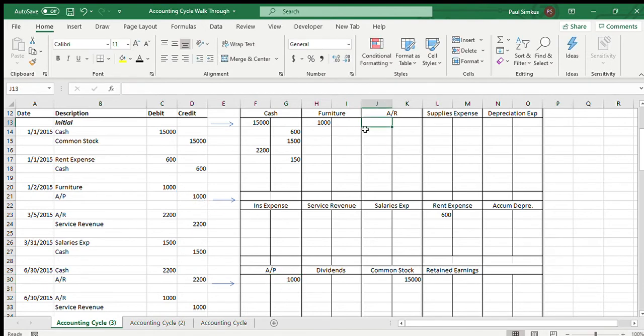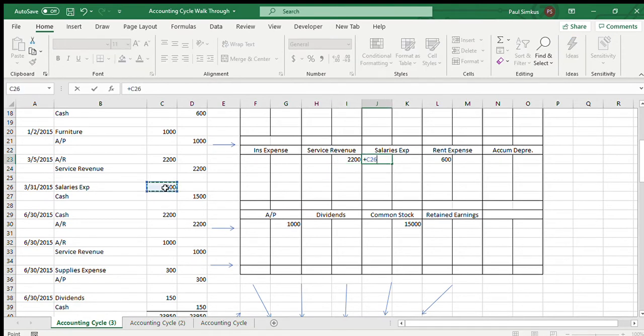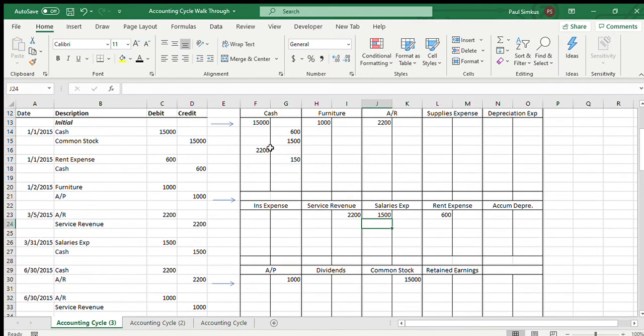There's AR, 2,200. There's service revenue, 2,200 credit. Salary expense, 1,500 debit. You already have the cash.